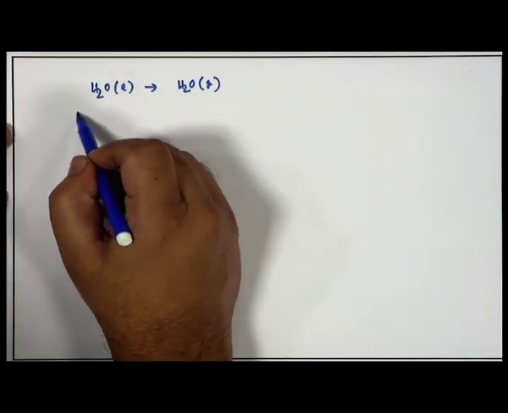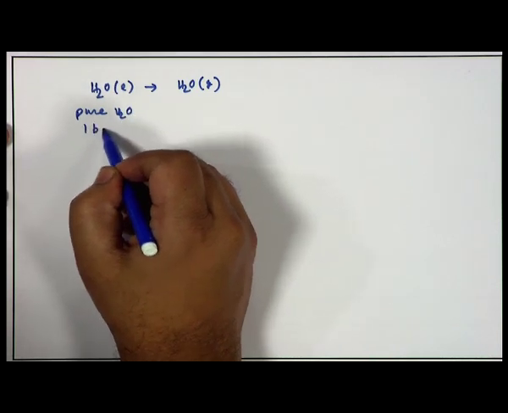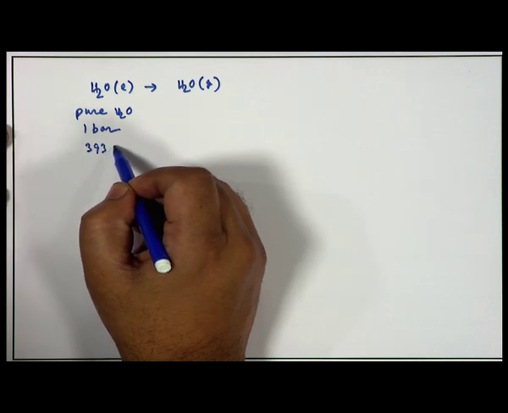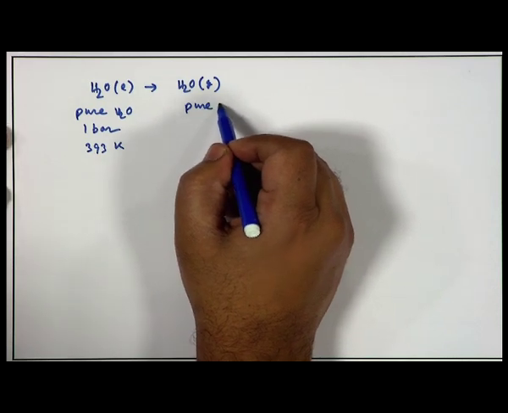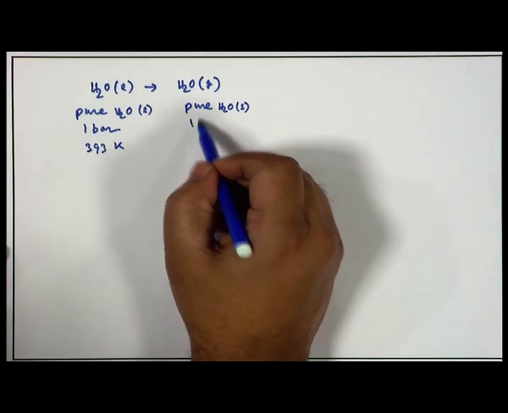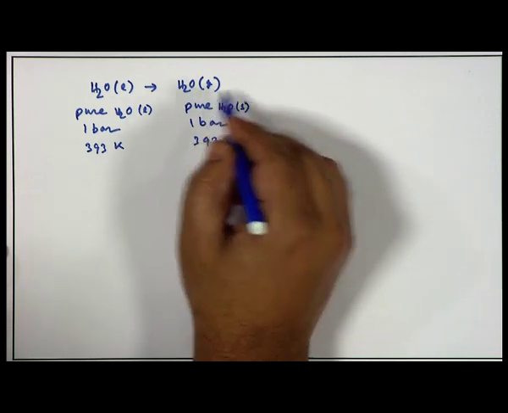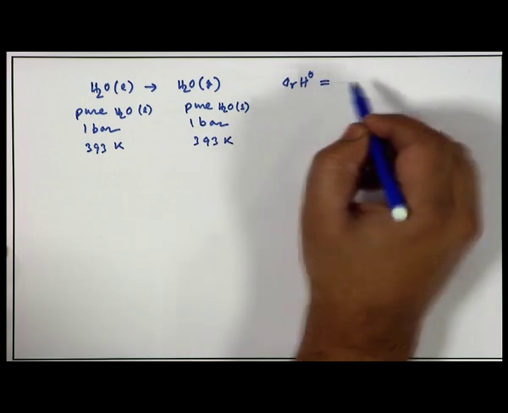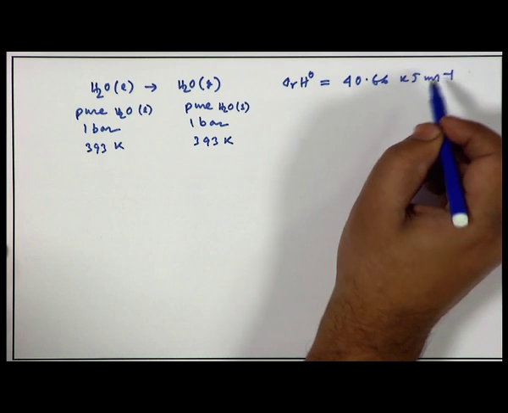It has to be obviously pure H2O, 1 bar, standard state 1 bar, and if we consider 100 degree centigrade, 373 K. Similarly, this is also pure water liquid here, 1 bar pressure, 373 K. So, the corresponding reaction enthalpy is found to be 40.66 kilojoule per mole.